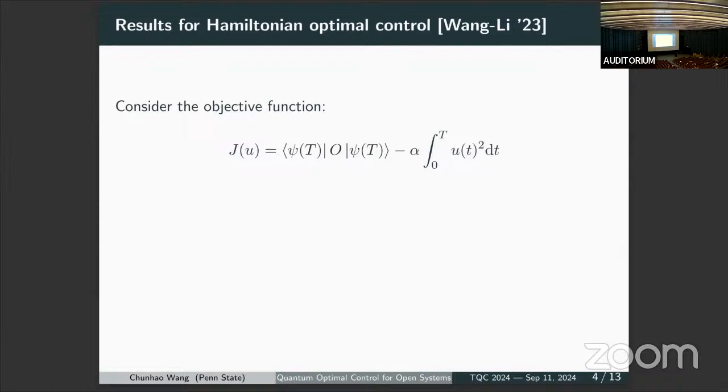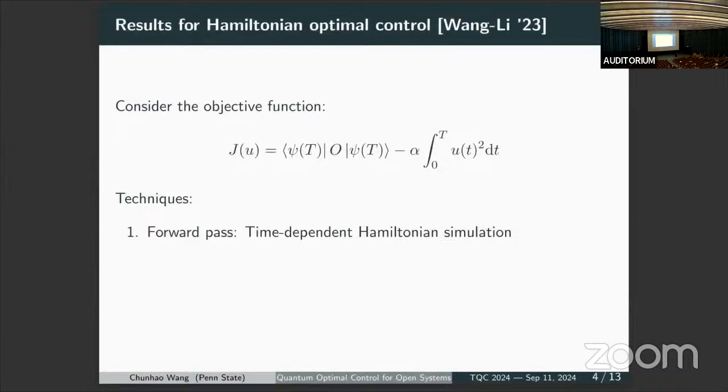The technical ingredient for this optimal control algorithm is quite simple. First, you need to run this forward pass, which is the time-dependent Hamiltonian simulation. You can apply your favorite time-dependent Hamiltonian simulation algorithm to simulate this time-dependent Hamiltonian. Then the backward pass is where you apply your favorite quantum gradient estimation algorithm to estimate the gradient of this objective function.